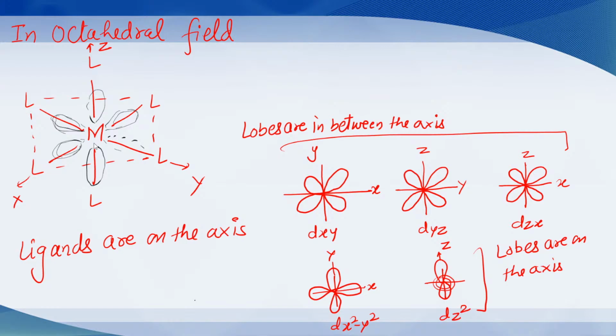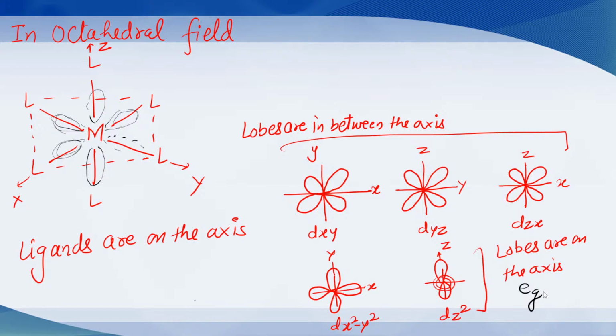See, dx square minus y square and dz square. These orbitals are called Eg. They are directed towards the ligand. That's why these lobes of the orbitals and ligands interact more.